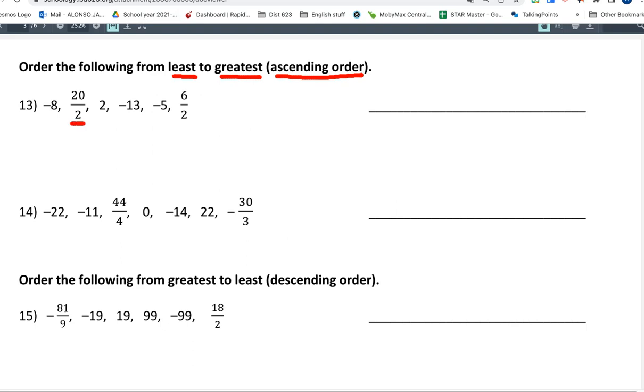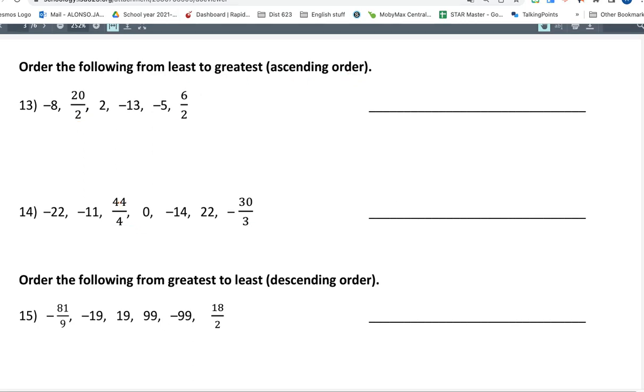You need to simplify this one, and also this one, and this one. Pretty easy. You just divide the bottom number. That's all that you need to do. So for example, this is -10. This is 11. You guys got it.